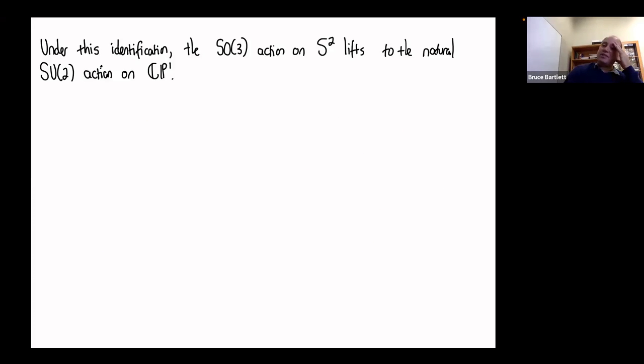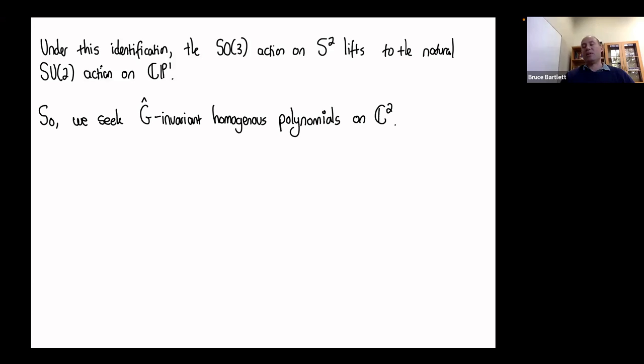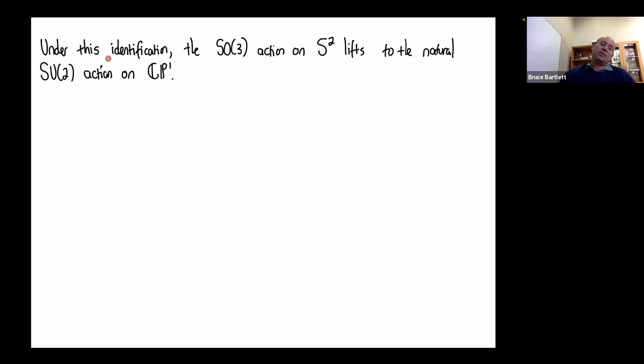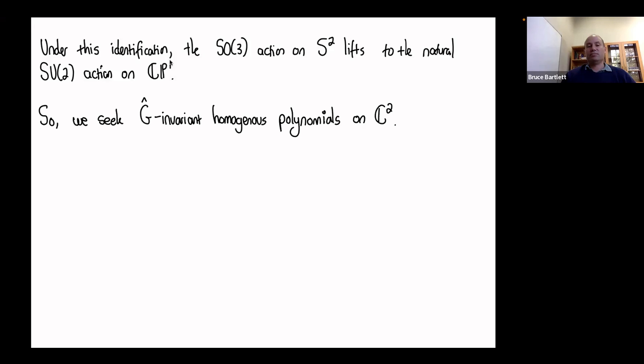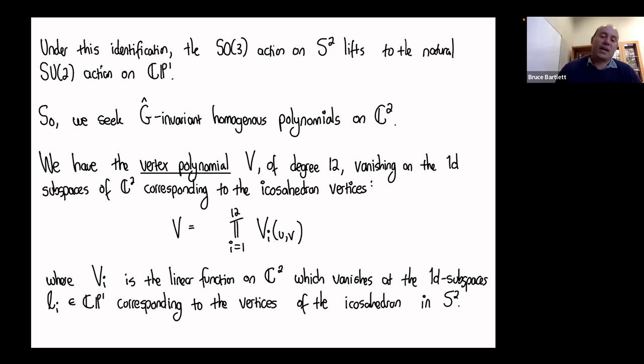So under the identification of S2 with CP1, the SO3 action on S2 lifts to the natural SU2 action on CP1, because CP1 is one-dimensional subspaces of C2, so 2 by 2 matrices are going to act naturally here. So now, what we really want is G-invariant polynomials on R3. It'd be better to seek G hat invariant homogeneous polynomials on C2. So let's try and write such things down.